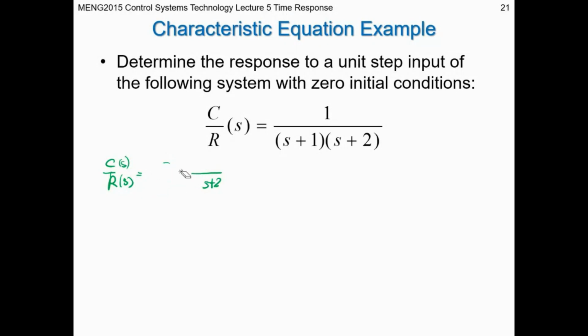Right, hang on, let's not go down that road, because what I want to do is in fact first of all say my output is going to be my input times the transfer function.